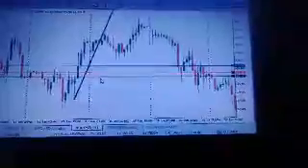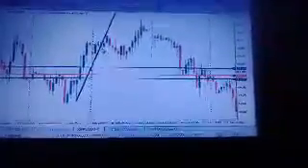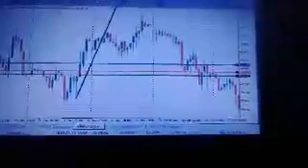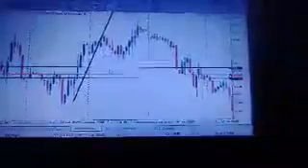Okay, so those three lines: red line stop loss, blue line entry, green line take profit. Let's say you want to enter the market on this breakout which happened here. You saw the market was going and then it broke your trend line.